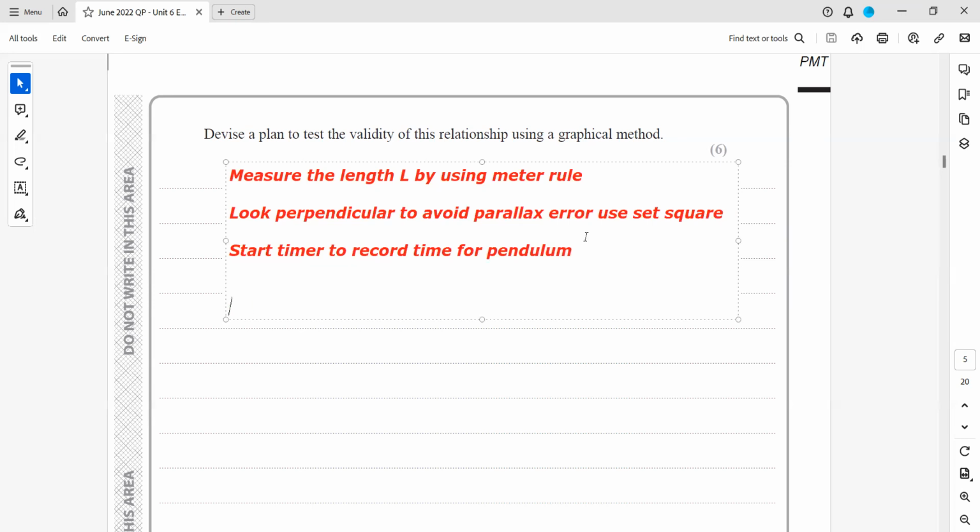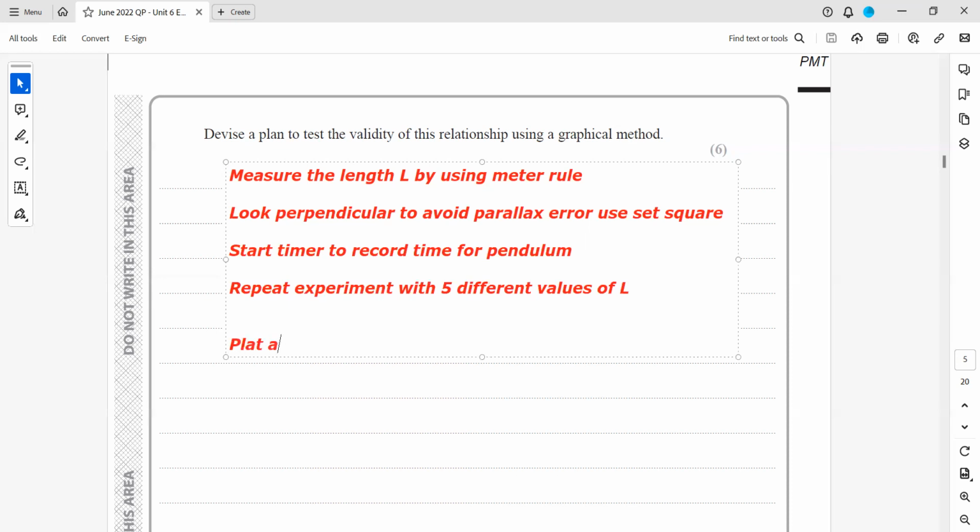Then repeat the experiment with 5 minimum; you should mention like 5 different values of L. And plot a graph between ln P on the y-axis and ln L on the x-axis. So these are the points you should mention.